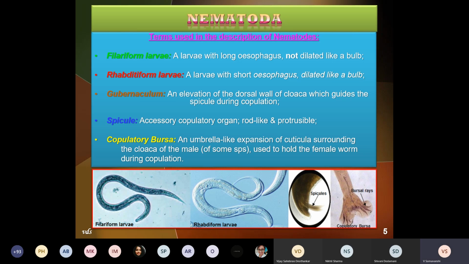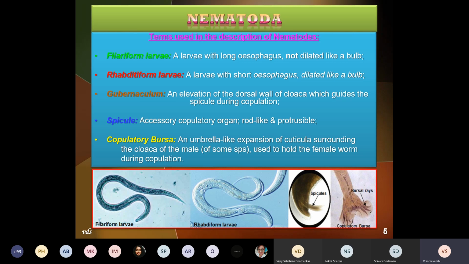Remember, rhabdiform is the larva which is released from the embryonated egg after maturation, and this is comparatively very short compared to the filariform larva, but it is stout, and the esophagus is short, may have one or two bulb-like structures at the posterior end before the intestine starts. So this larva, which has a short esophagus and a bulb-like structure, is called the rhabdiform larvae.